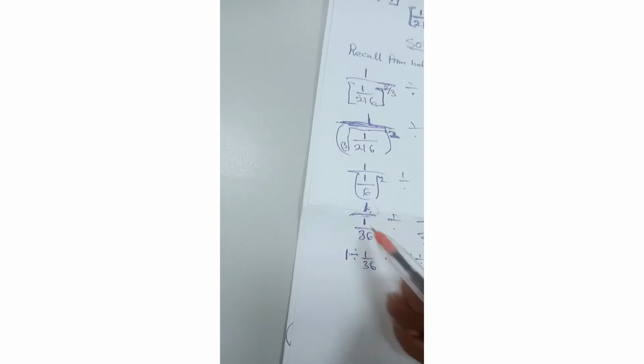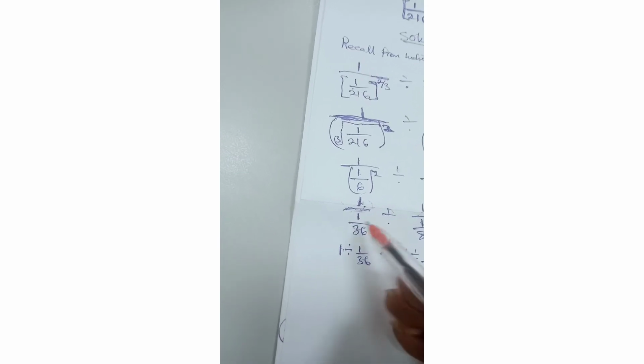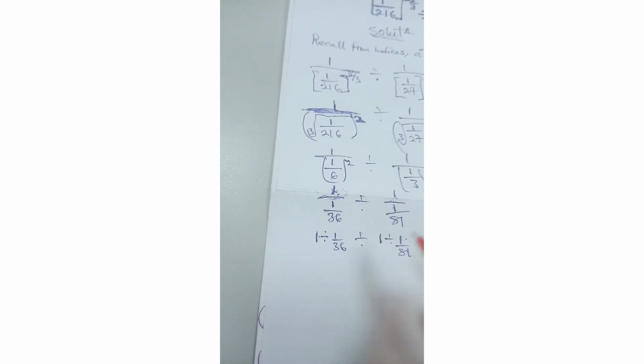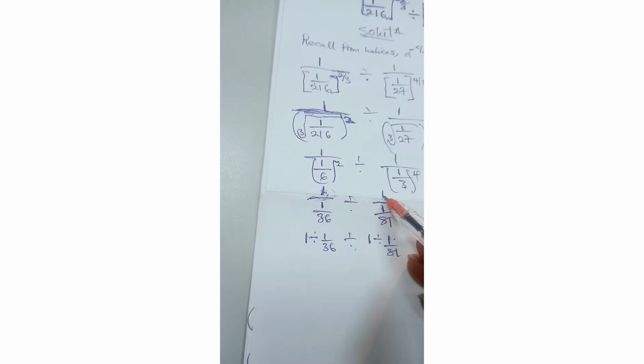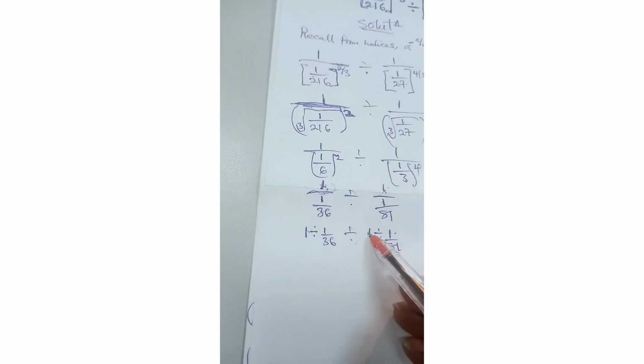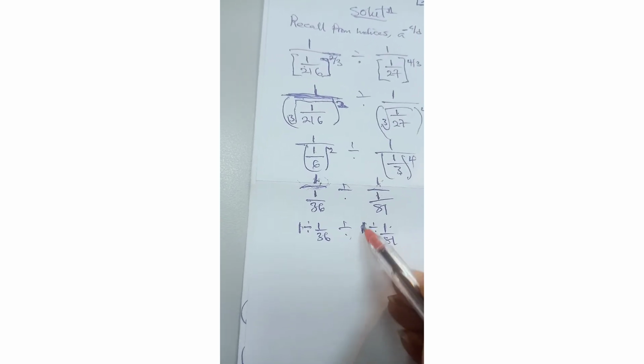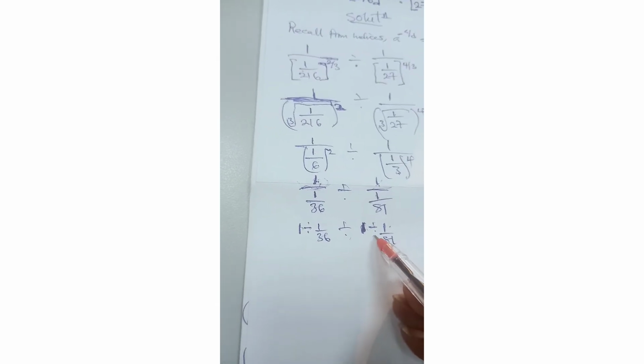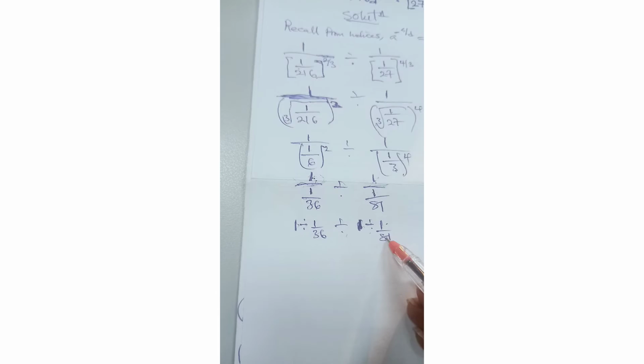Now we have 1 divided by 36 at the bottom. So this division that we have in between, now we write it back. Then we have 1 over 81.